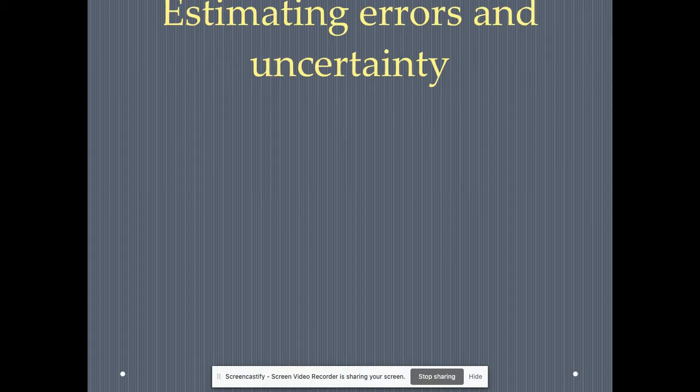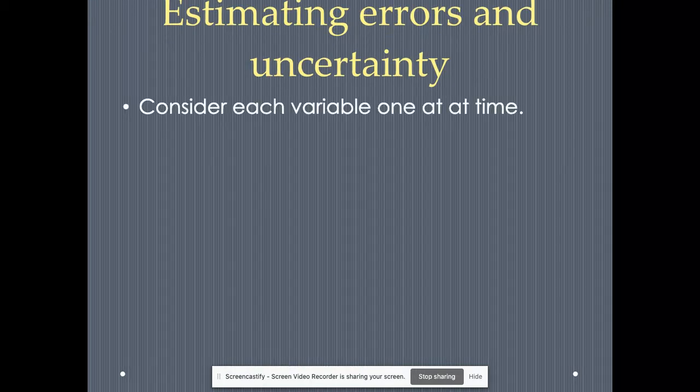So when we talk about estimating errors and uncertainty, we want to consider every variable one at a time. Let's say we're talking about time and distance, those two different types of variables. When we talk about the errors, we want to focus on them one at a time.